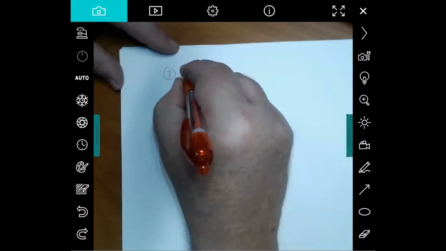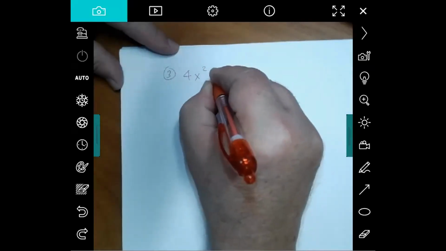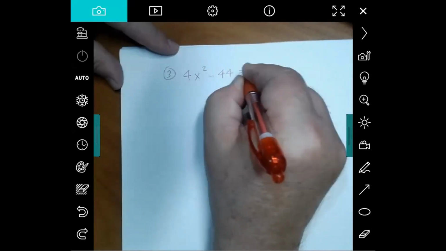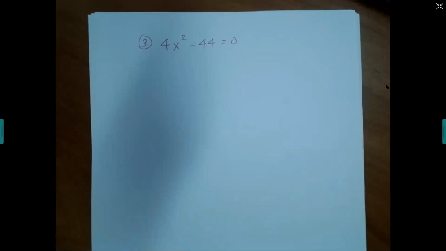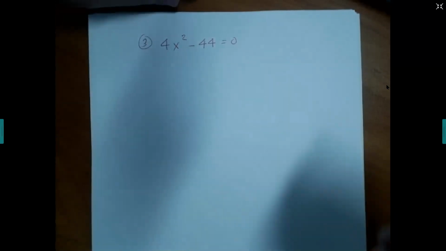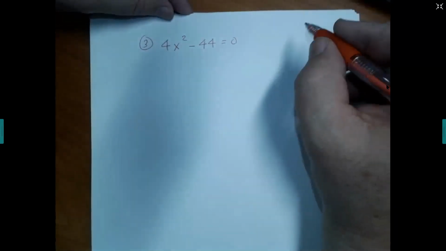Question 3. 4x squared minus 44 equals 0. Here's the first of the special equations.